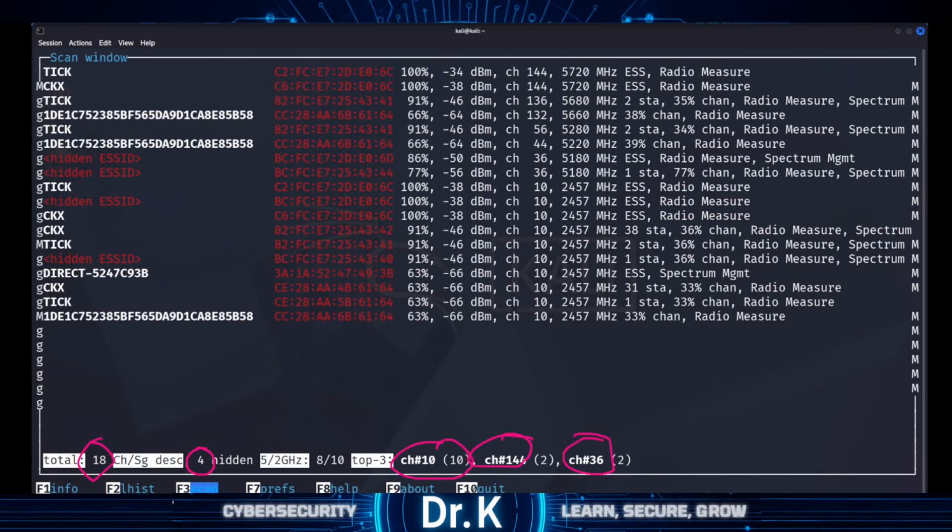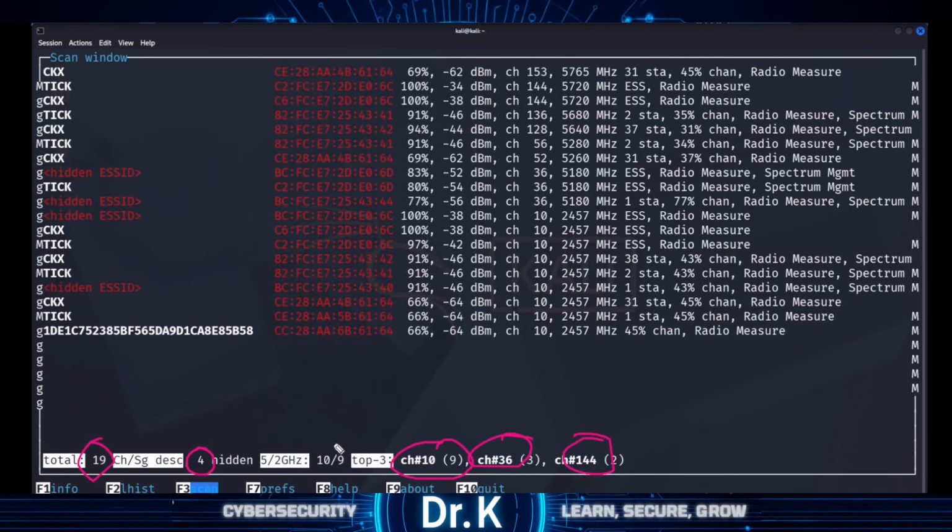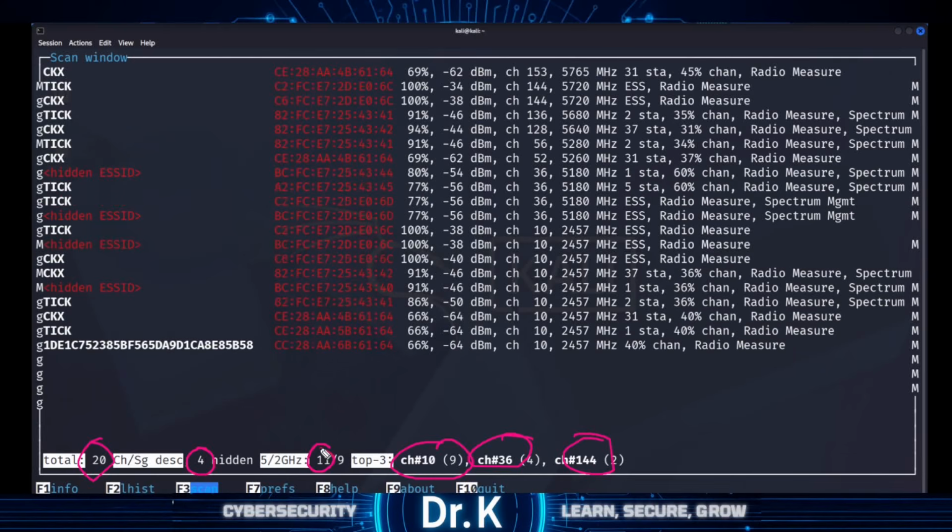That's all that's telling us is those are a little bit, I don't want to say crowded, but they're being used. Now, of course, I forgot one right here, and that's 10 over 9. What that really means is that we have 10 on the 5 gig and 9 on the 2 gig. So really not that much of a change on that one. All right. So a lot of information on this little screen, a lot of great stuff.